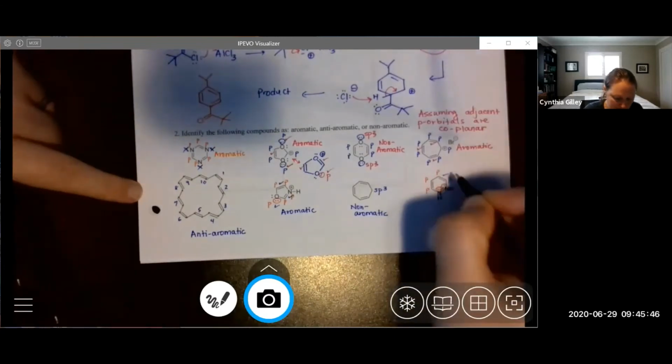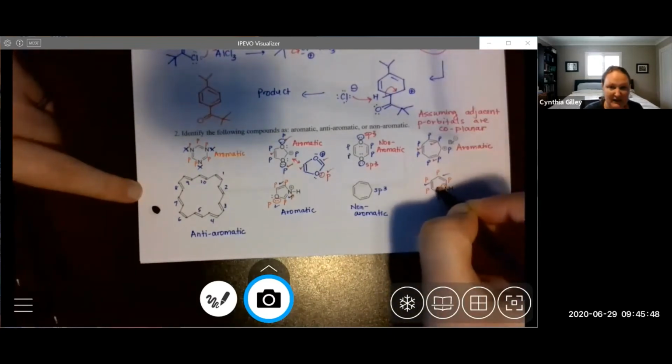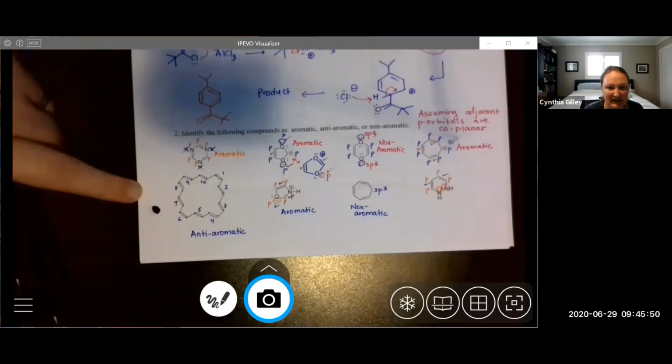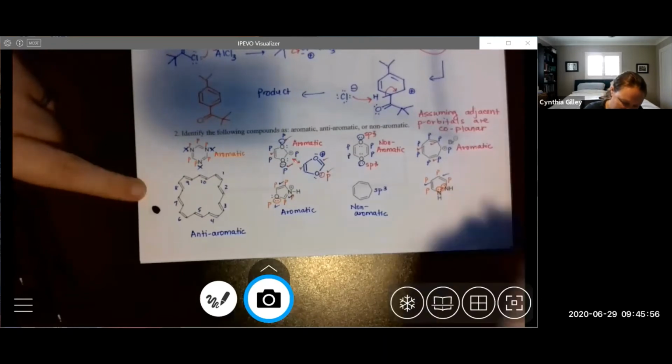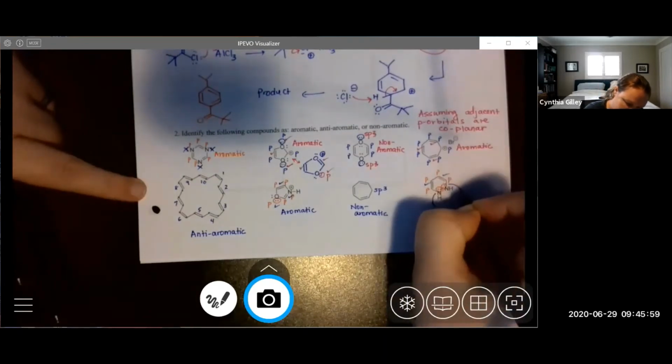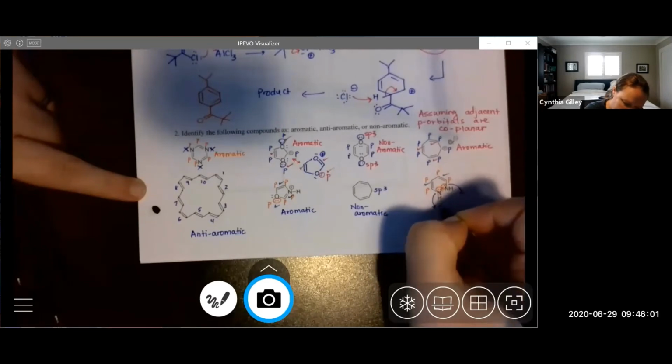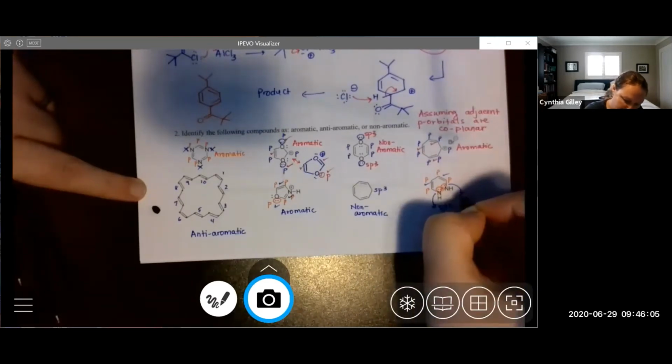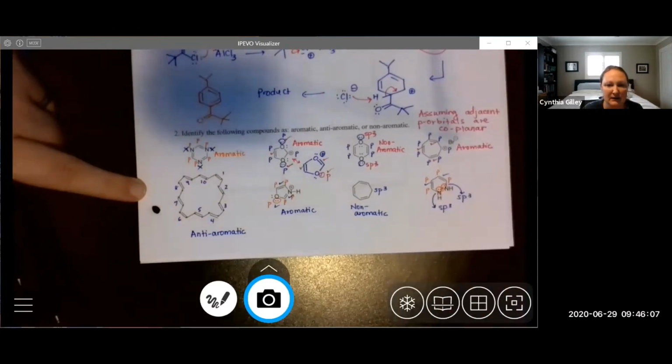We have 1, 2, 3, 4, 5, 6, 7, 8. That's 8. That's anti-aromatic. So it's not going to go into a p orbital if it would make the molecule anti-aromatic. As a result, these will go into sp3 hybridized orbitals, and you'll have non-aromatic.